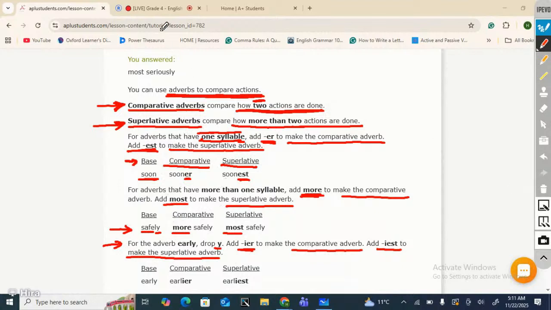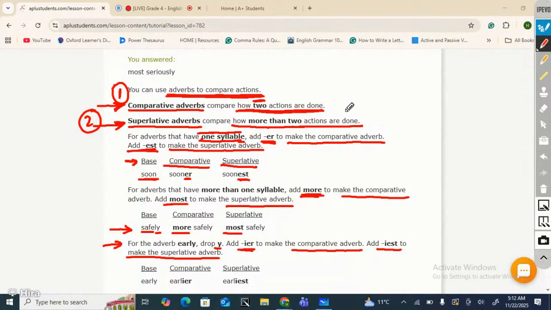So guys, adverbs to compare actions. If you want to use adverbs to compare actions, you must understand these three points. First, there are two types of adverbs that compare. First one, comparative adverbs. Number two, superlative adverbs. Comparative adverbs compare how two actions are done; superlative adverbs compare how more than two actions are done.